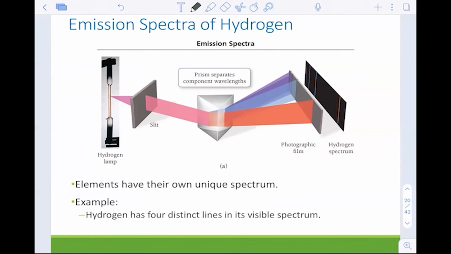Now, what scientists would do is take a pure element, usually in a gas. It could be other forms, but usually in a gas. So it's in a tube right there, and they would put a charge through it, supply some energy, right? Call it light energy.